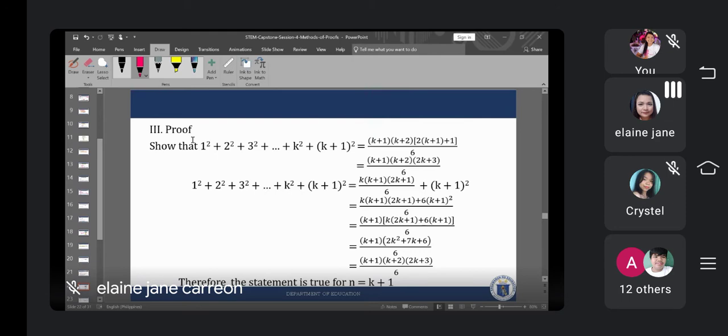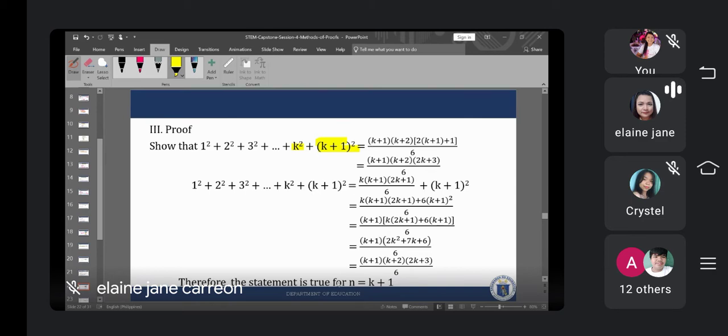Now, in our stage 3 proof, we let n is equal to k plus 1. So, we add k square. Ito yon plus k plus 1, k plus 1. Bakit may square si k plus 1? Kasi nga n square yung ating n. Okay?